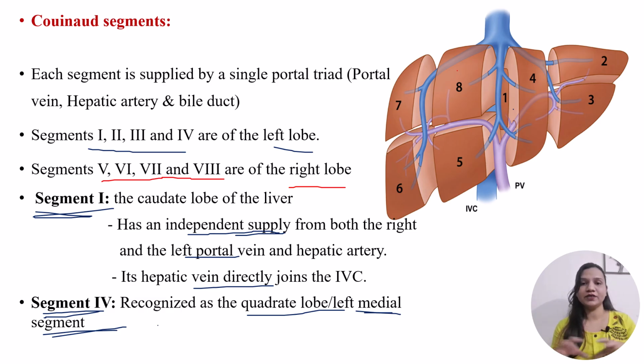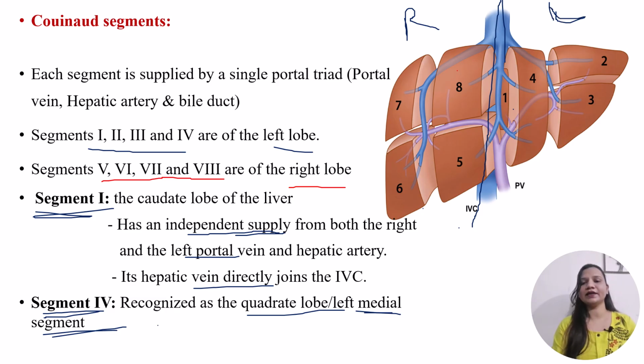Based on these branches, the liver is divided into two lobes by Cantlie's line, which lies obliquely. Let us draw the imaginary Cantlie's line. Suppose the gallbladder is here. We draw an oblique line which divides the liver into right and left lobe.